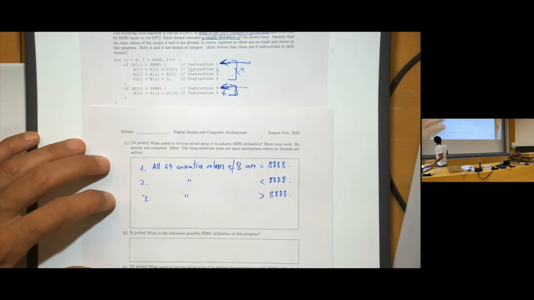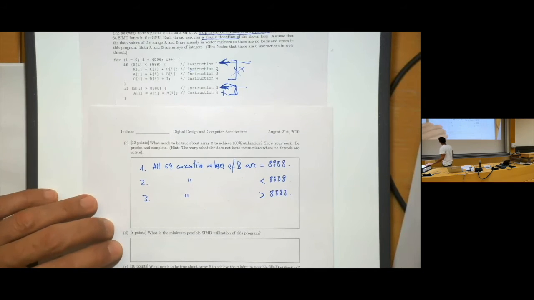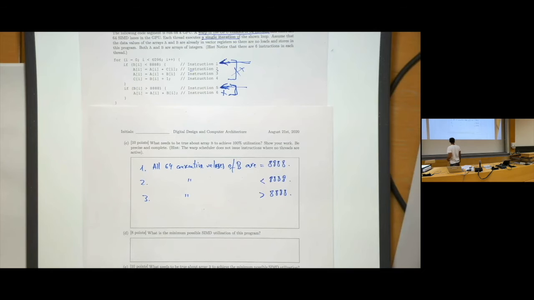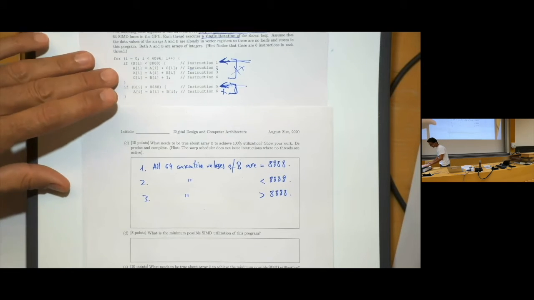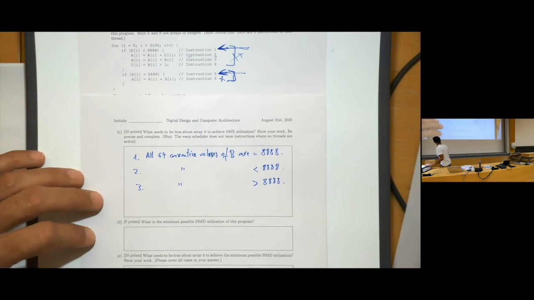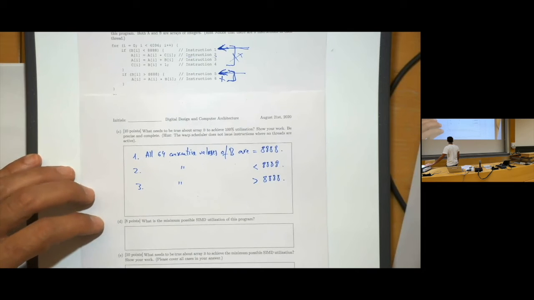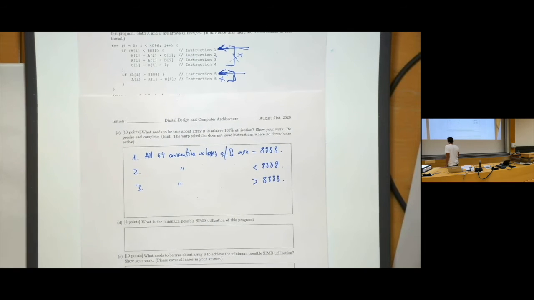Next question: what is the minimum possible SIMD utilization of this program? We already know the maximum is 100. What's the minimum? But in order to do part C, you have to do part E first, because in part E we were asking what needs to be true about array B to achieve the minimum possible SIMD utilization.